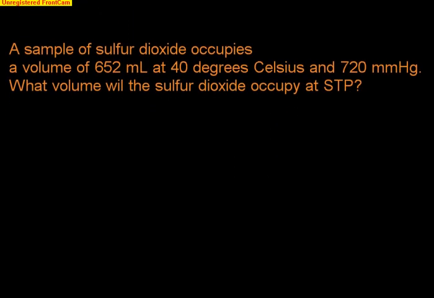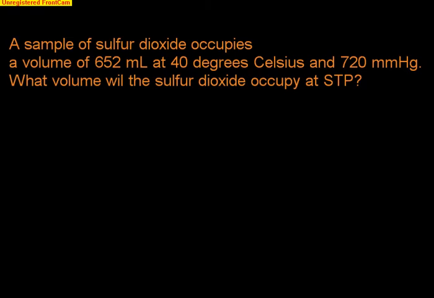This first problem says that a sample of sulfur dioxide occupies a volume of 652 milliliters at 40 degrees Celsius and 720 millimeters of mercury. What volume will the sulfur dioxide occupy at STP? Let's go through it.